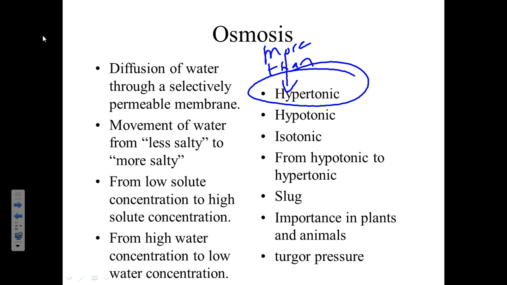So if we say a solution is hypertonic, it's got more solutes than whatever we're comparing it to. A solution is hypertonic if it has more stuff dissolved in it than whatever we're comparing it to does. Does that make sense? Hypertonic. More solute concentration than what we're comparing it to.